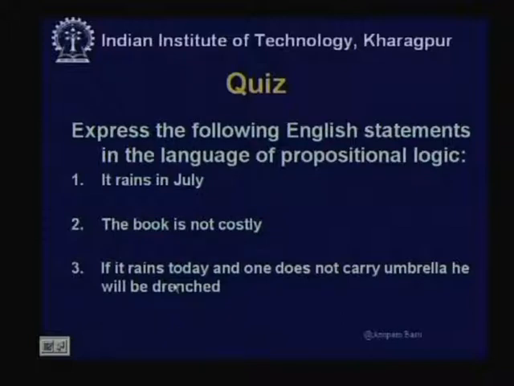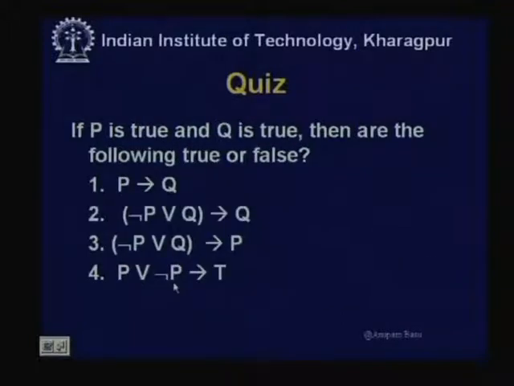So, and the second one, second assignment, here there is a little bit of semantics that you have to look at. You have to know whether they are evaluating to true or false. I know that we have not formally discussed how to evaluate this, but I am just leaving it as an exercise.